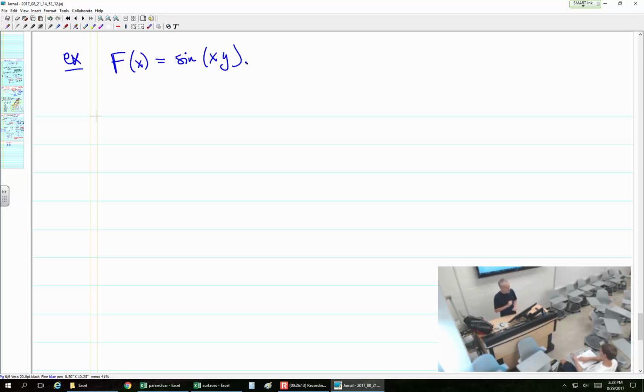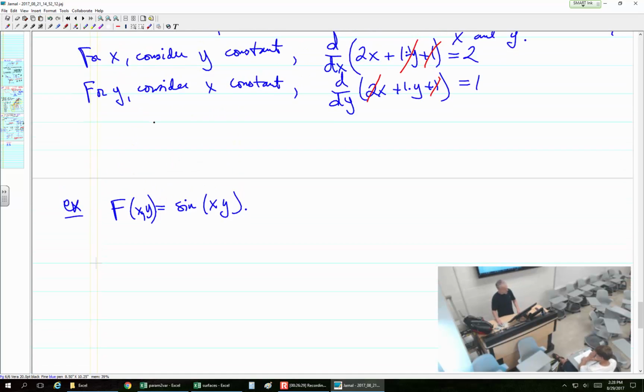Okay, and once again, function of two variables, sine of xy, so there's full symmetry. And once again, the plan is differentiation right here for x, the partial derivative with respect to x. Consider y or declare y constant and treat it this way.